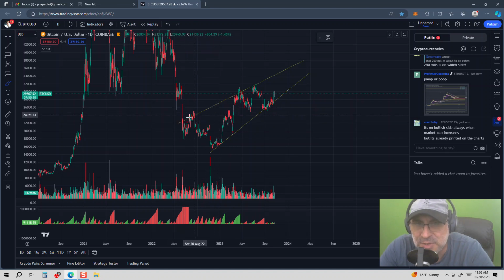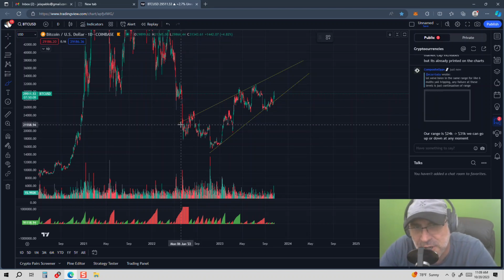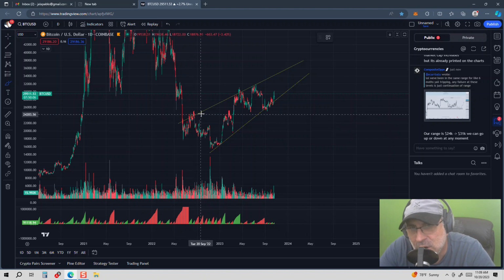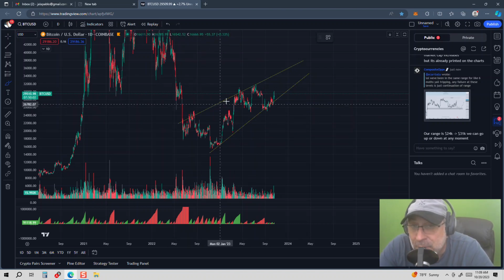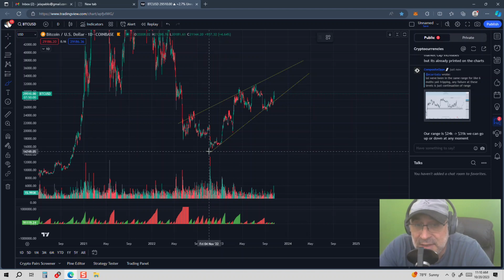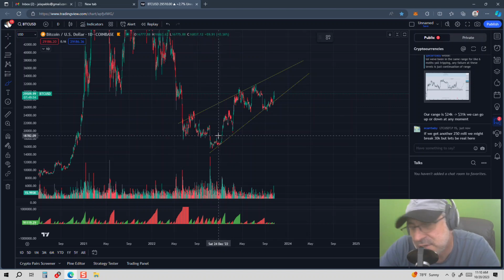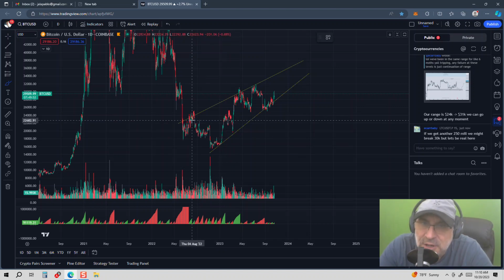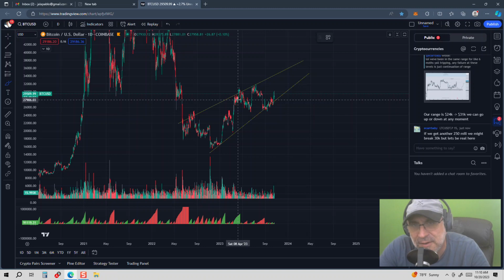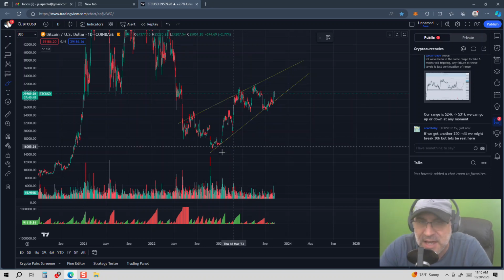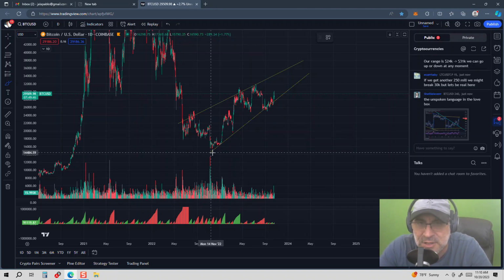The top line, the resistance, is just a loosely drawn trend line along the tops, the rising highs. And then the bottom is the trend support, is just the rising lows. And because the top is crooked, you get a wedge-like structure that is slowly climbing up, that is going up.